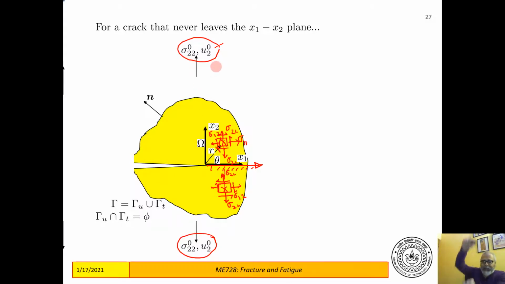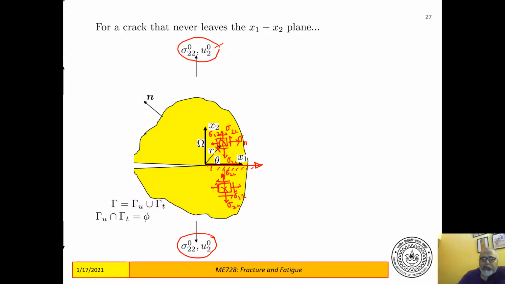You are pulling the crack in this manner, and therefore we can expect a perfectly symmetric situation for the stresses, where the stresses at the top and at a mirror plane below, its reflection on the bottom, have the same normal stresses but shear stresses reversed in sign.